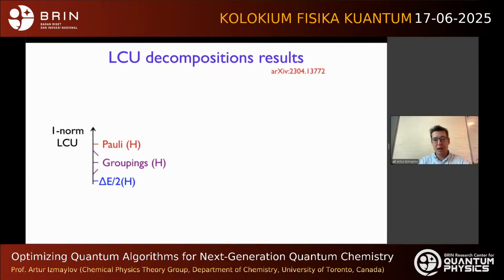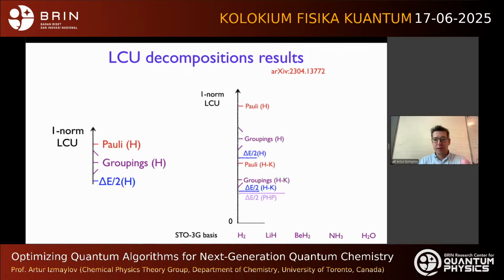This grouping always helps. The usual picture is Pauli decomposition gives you the largest norm, grouping lowers it, and the lowest is, of course, the spectral range. And we have quite a few results.